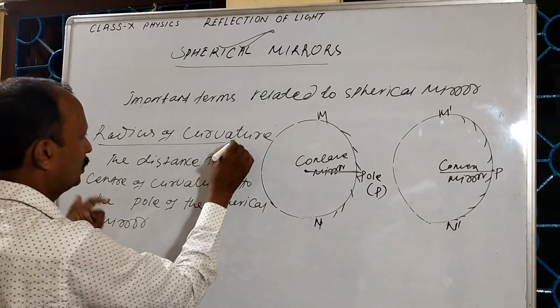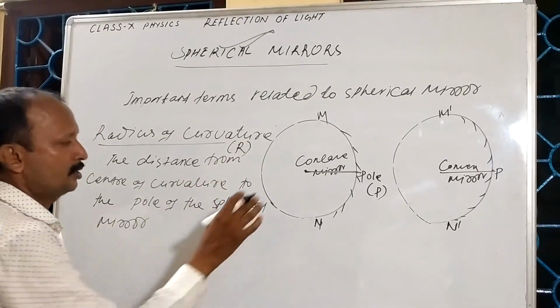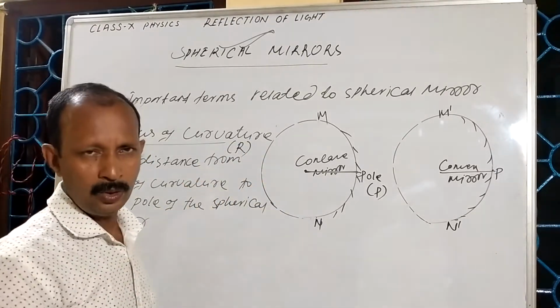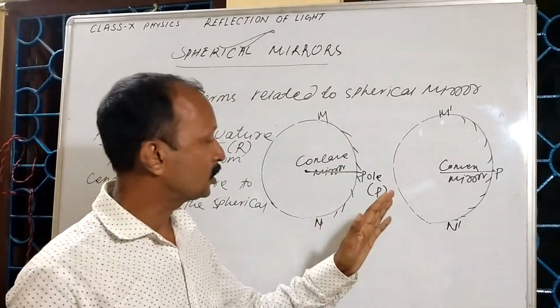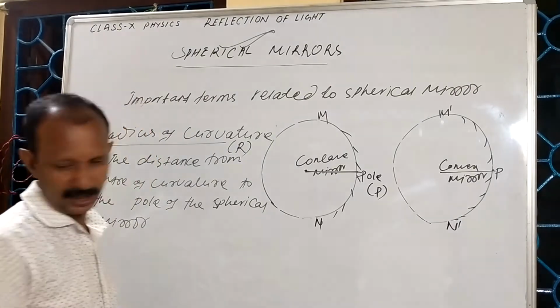The distance from center of curvature to the pole of the mirror is called radius of curvature.